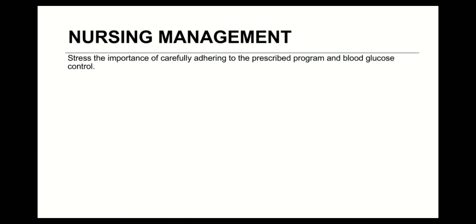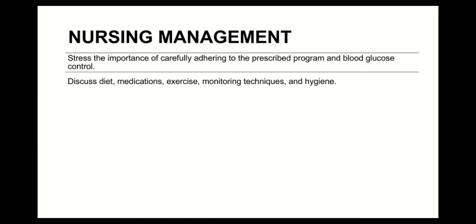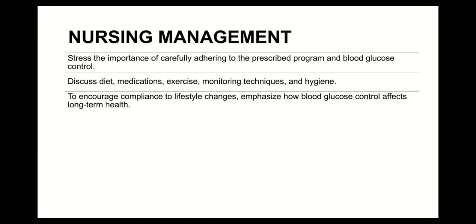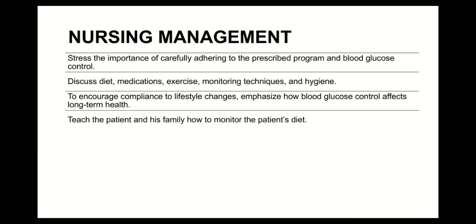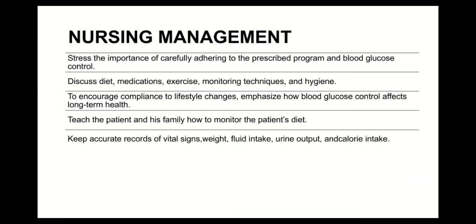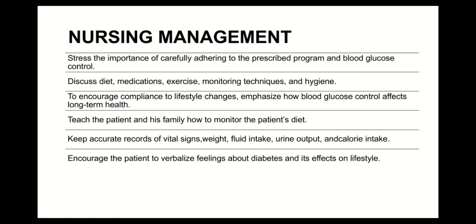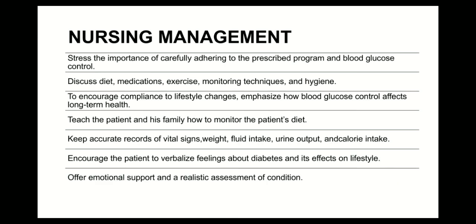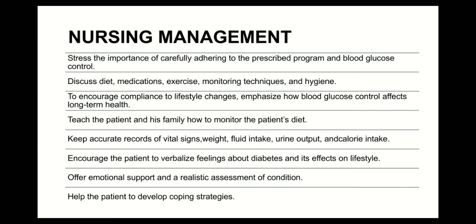First is to stress the importance of adhering to the prescribed program and blood glucose control, to discuss diet, medications, exercise, monitoring techniques, and hygiene, to encourage compliance to lifestyle changes, to emphasize how blood glucose controls long-term health, to teach the patient and his or her family how to monitor the diet, to keep accurate records of vital signs, weight, fluid intake, urine output, and calorie intake, to encourage the patient to verbalize feelings about the disease and its effect on his or her lifestyle, to offer emotional support and a realistic assessment of condition, and lastly is to help the patient to develop coping strategies with the disease that he or she is now experiencing.